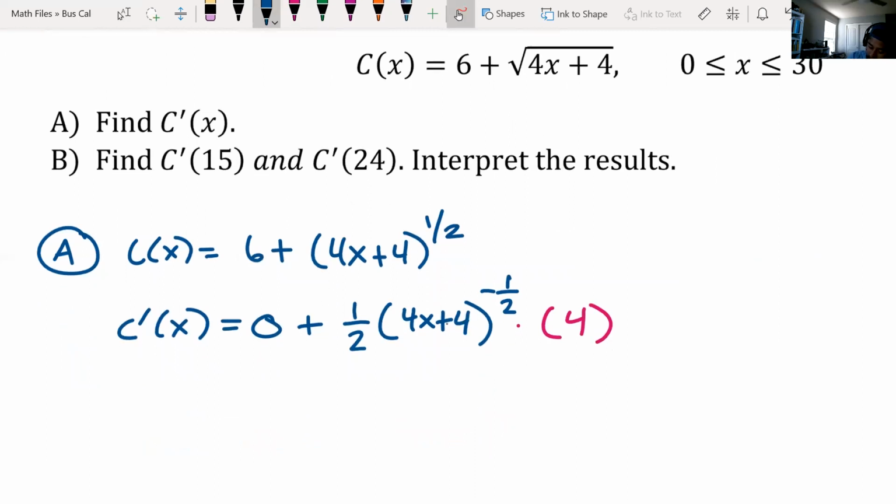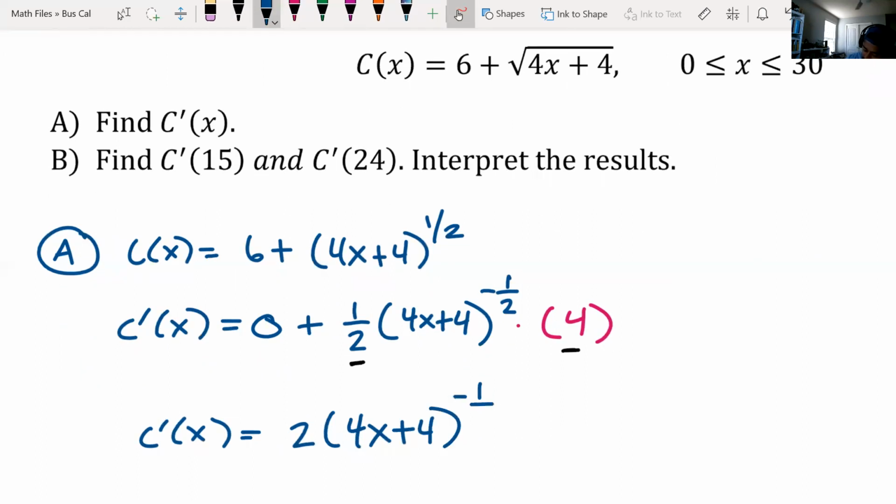Then clean up. That 0 goes away, and we just multiply that 1/2 and the 4. So C prime of x is going to be 2 times (4x plus 4) to the negative 1/2.